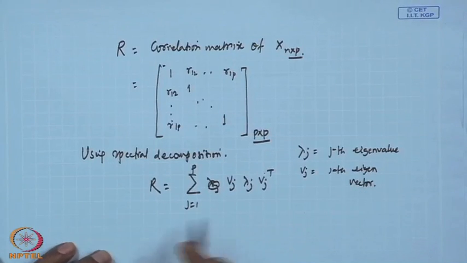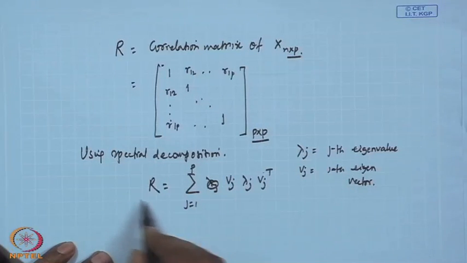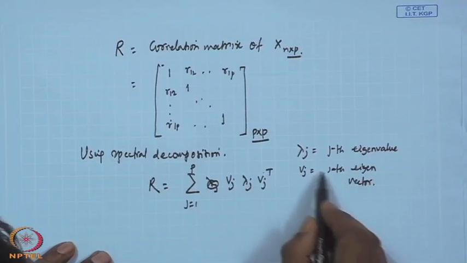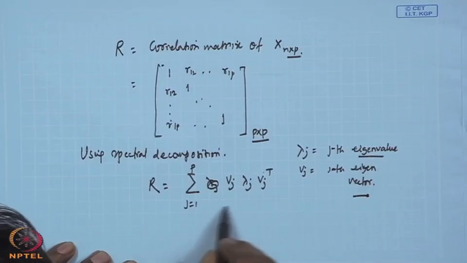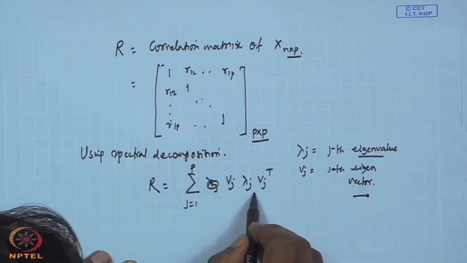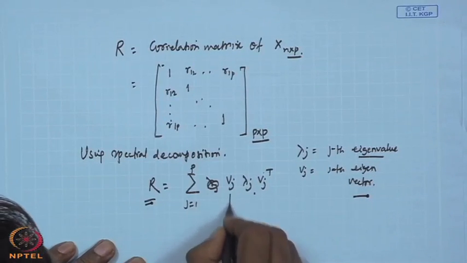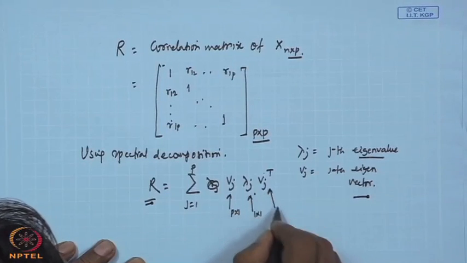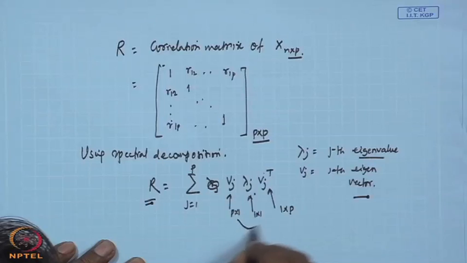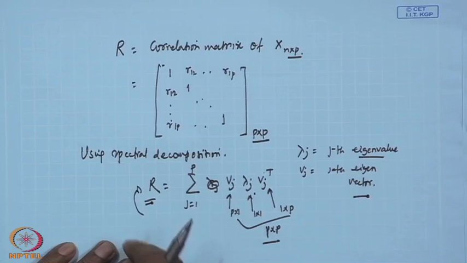So this P cross P matrix can be decomposed into its eigenvalue and eigenvector components. If I know the eigenvalues and eigenvectors, I can reconstruct R, because this one is P cross 1, this one is 1 cross 1, and this one is 1 cross P. If you multiply these, ultimately you will be able to recreate the P cross P matrix.